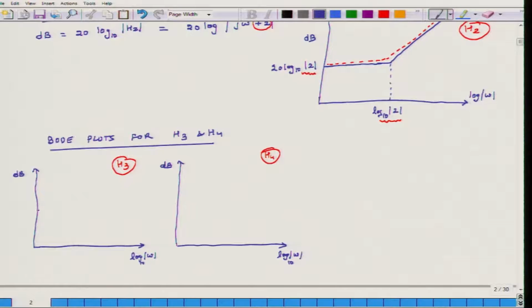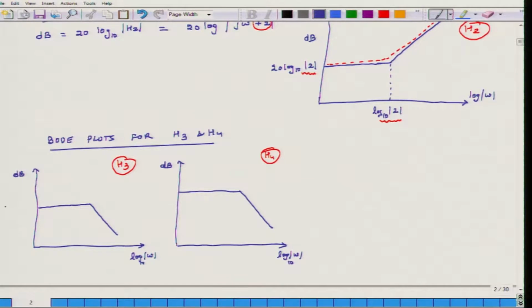The Bode plots for these two, because both of them are simple poles, are going to have a low frequency asymptote that is a horizontal line, and then the high frequency asymptote is a negatively sloped line. Same thing here.